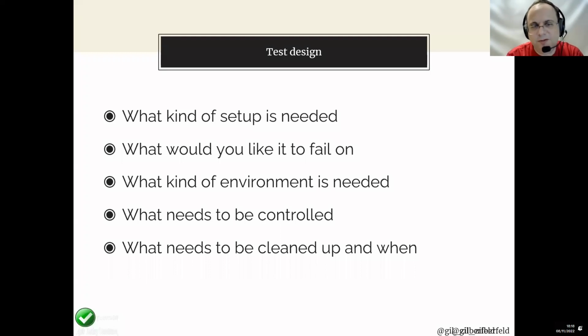Because if it's going to fail, I want it to fail on the logic. Again, this is part of the test design. I'm thinking about what I want from this test. So if that's the case, maybe run the database not on a separate server where connectivity issues can come in, but only on a local machine, or the same machine where the logic runs, or even in memory, in process.